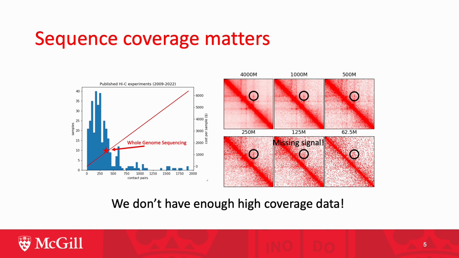If we compare this contact map to a contact map of the same region, but sequenced at pretty high coverage, we will realize a lot of signals are absent from such a low coverage Hi-C dataset. So that means the problem of Hi-C based study is we don't have enough high coverage data.